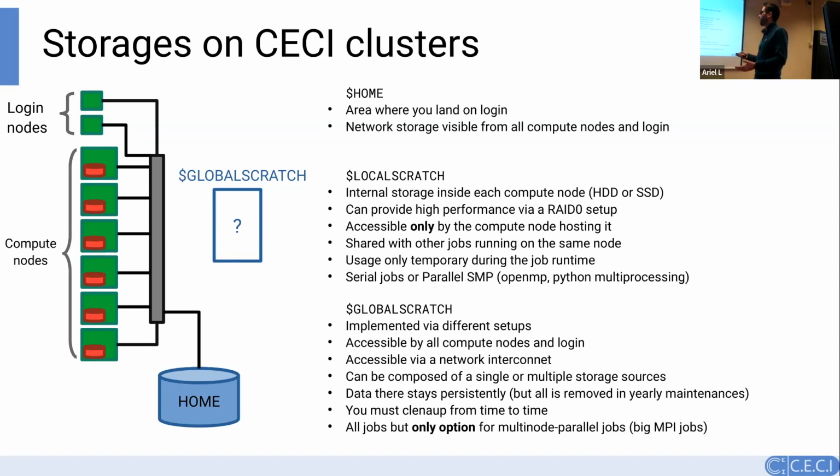Basically, we will have the case of a single server providing the global scratch, a little bit like the home directory, or a parallel file system in which the global scratch is built from different storage servers.